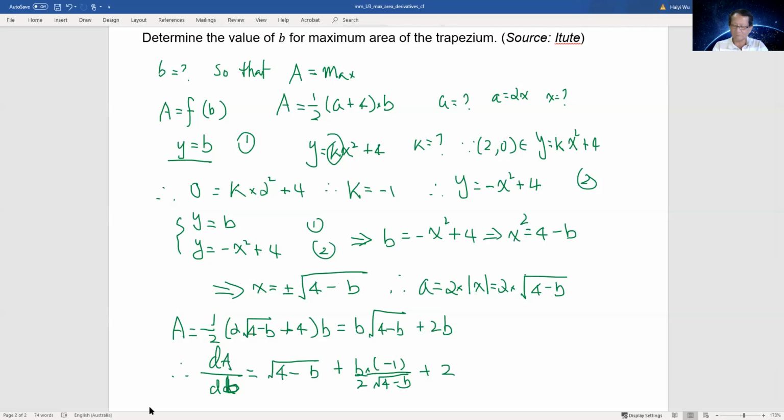All right, so now let's simplify it. Let's do one more step. So 4 minus b, plus minus, because that's negative half of, so that's b on top, square root 4 minus b on the bottom, and plus 2.